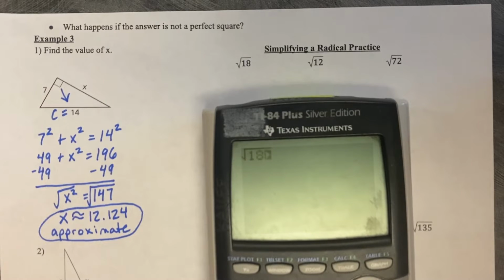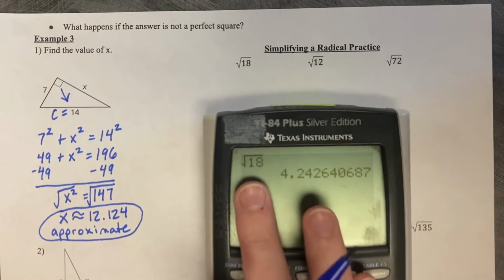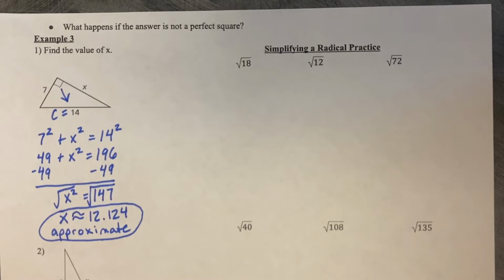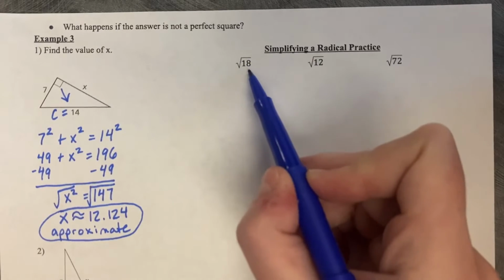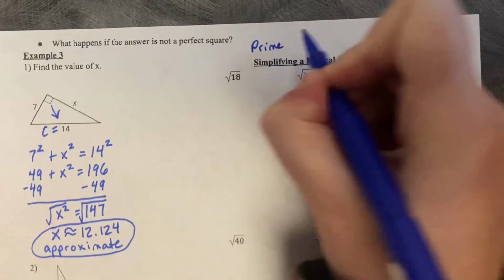The square root of 18 is 4.24 and so on. What we're going to do is simplify this square root of 18 into a nicer number so that I don't need a calculator. So what you're doing is breaking down 18 into what's called its prime factor tree.